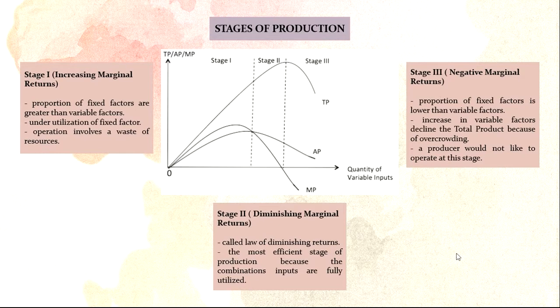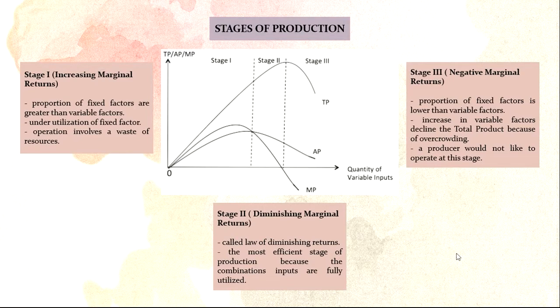Let's move to stage 3, where the proportion of fixed factors is lower than variable factors, which means, for example, we have 10 machines but 100 workers. So the machine cannot tolerate the extra variable input.